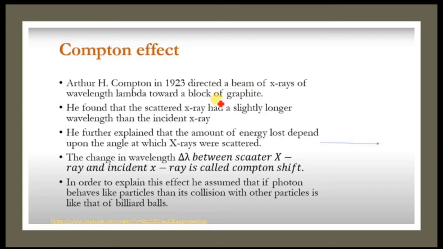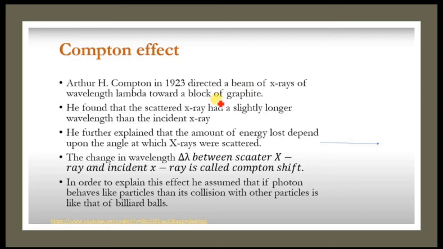It means the frequency has decreased. So he explained that the amount of energy lost in this process depends upon the angle at which the X-rays were scattered.